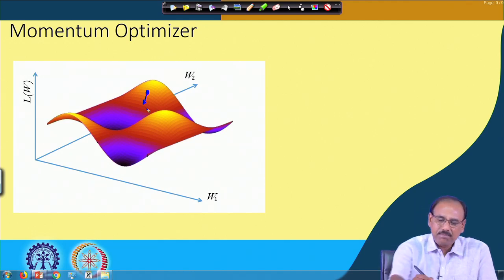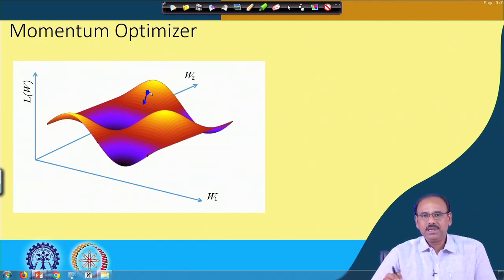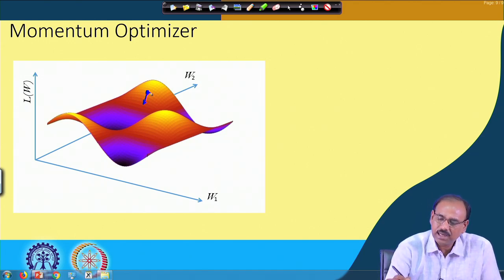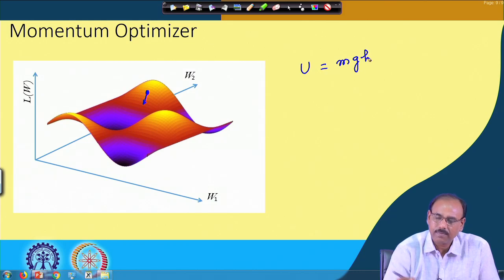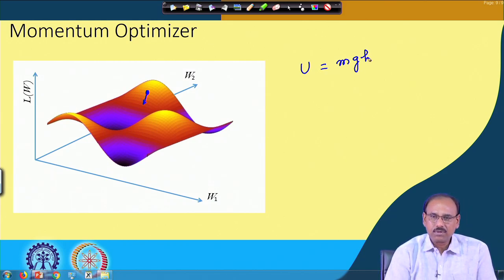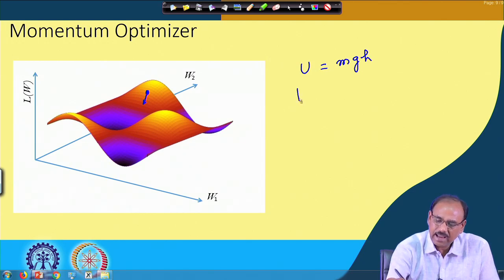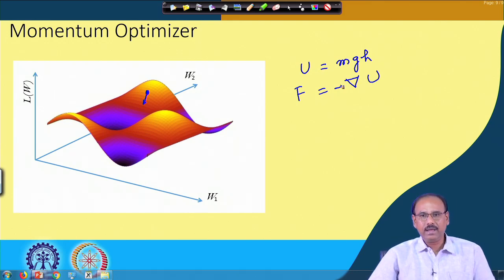So I can assume that I place a ball at this location with initial velocity 0, and that ball will have a potential energy which is given by U equals mgh. The force which acts on this ball is F, which is nothing but the negative gradient of this potential energy, so minus grad U is the force acting on this ball.